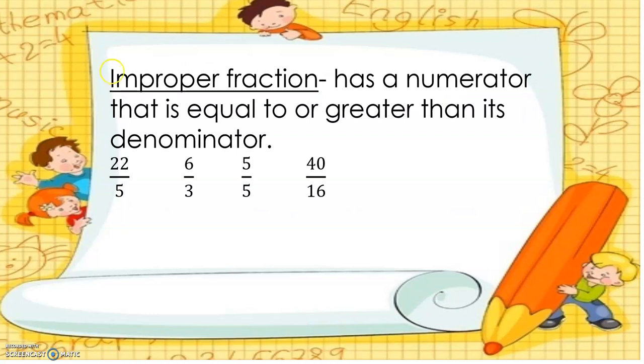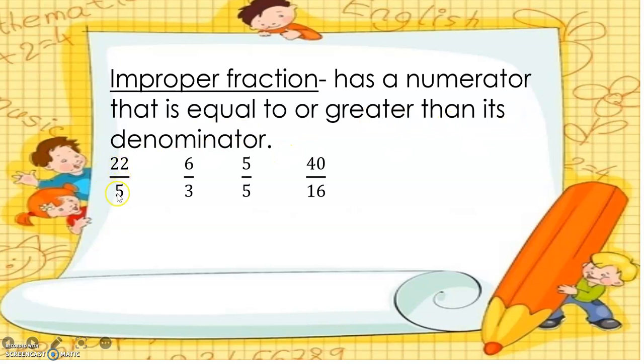Next, improper fractions. What is an improper fraction? It has a numerator that is equal to or greater than its denominator. Again, an improper fraction has a numerator that is equal to or greater than its denominator.